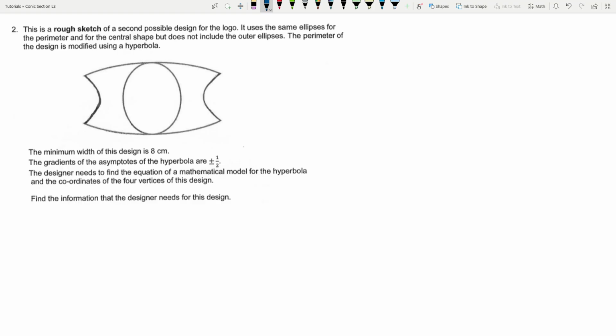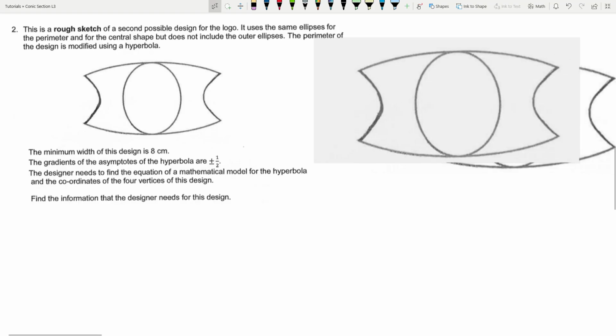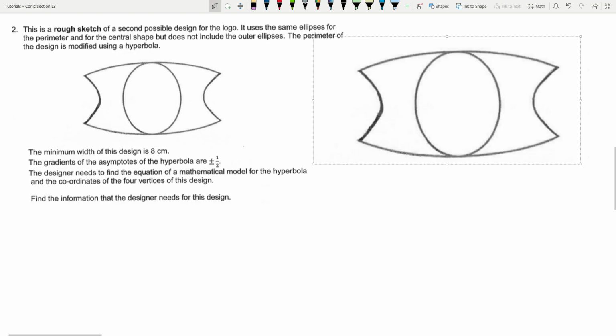Okay, so question number 2. Just read the question and then we can go over it. Hopefully you have paused the video and read it. I've just pasted this here so it's easier for us, a bigger picture is better.